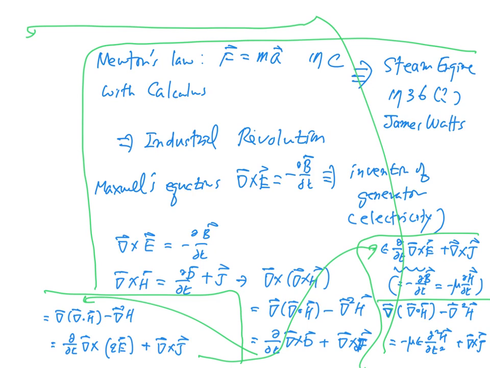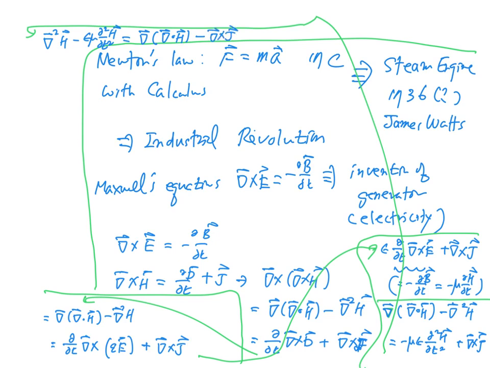Can you follow me? So we have Laplacian H minus epsilon mu partial squared t of H is equal to gradient of divergence of H minus curl J.